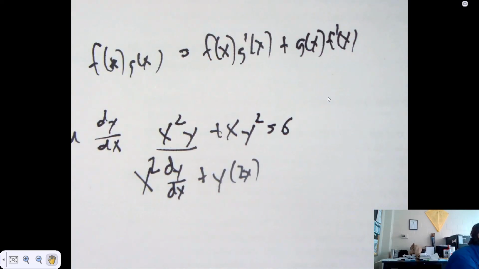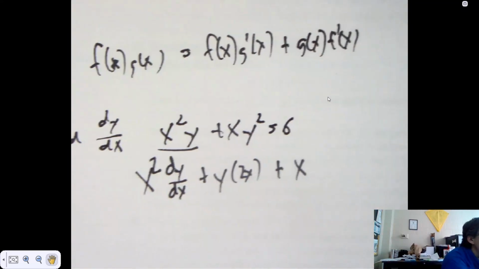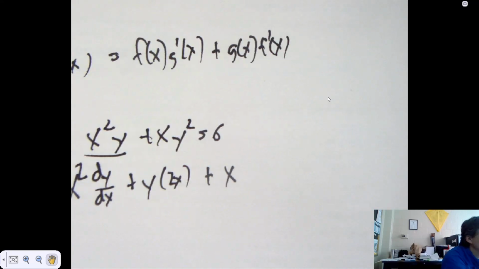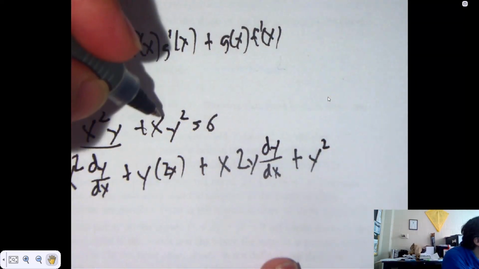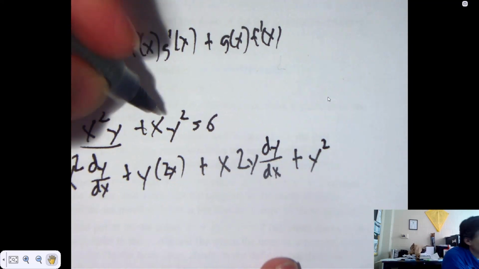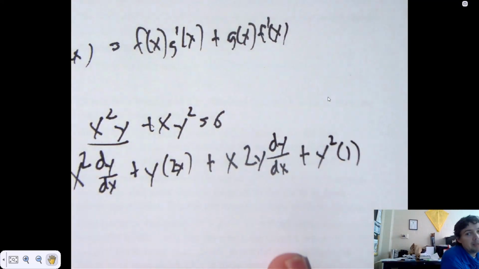So now I have to handle x y squared. So plus x, what's the derivative of y squared? 2y dy/dx. Plus y squared times the derivative of x, which is 1. That has to equal the derivative of 6, which is 0.